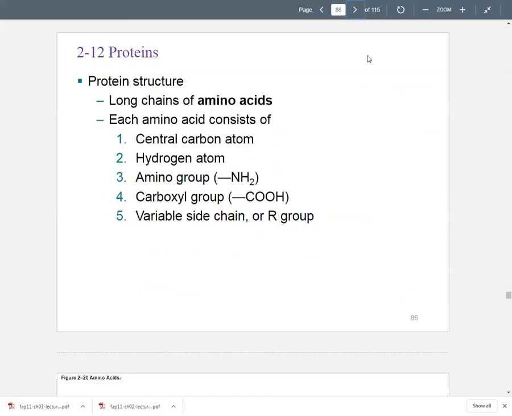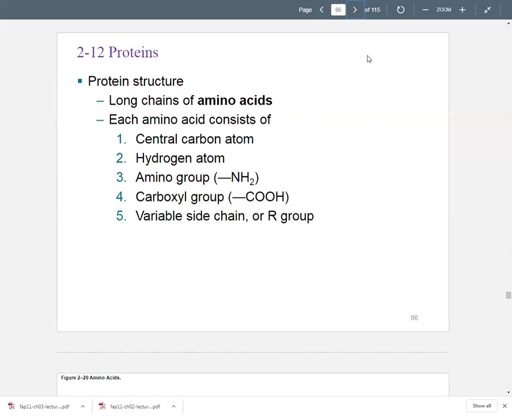All right, so protein structure. Proteins are composed of long chains of amino acids. We talked about that. Amino acids are the monomers. Each amino acid has certain building blocks. You have to have a central carbon atom that holds everything together. That carbon is going to have basically 4 attachment sites, because it can form 4 covalent bonds.